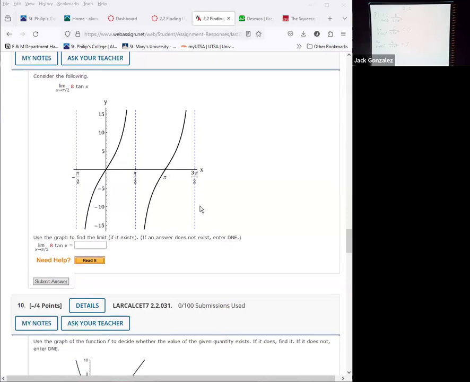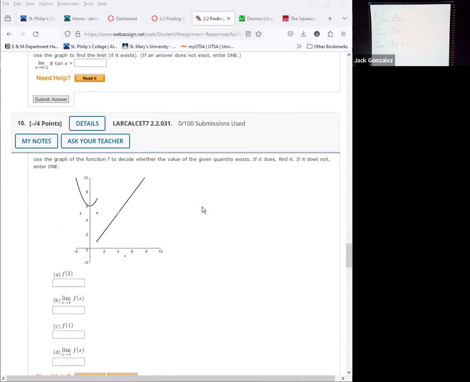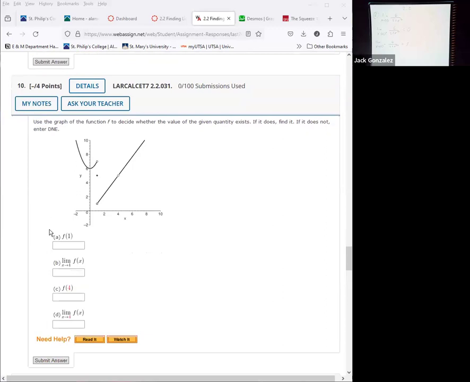Alrighty. Now it's similar stuff. So on 10, they want you to plug in the number. Do you remember what this notation means? Just in case you're rusty.